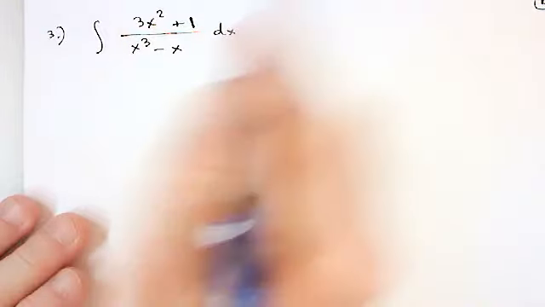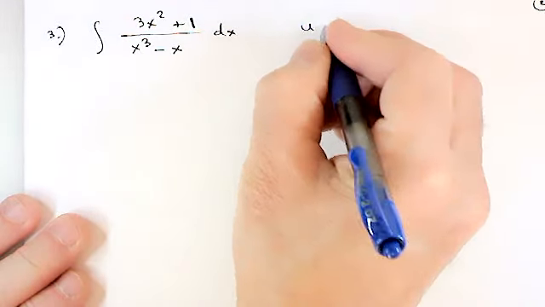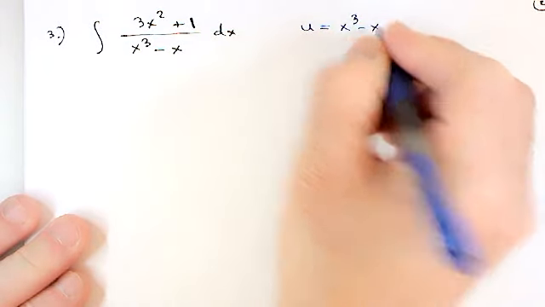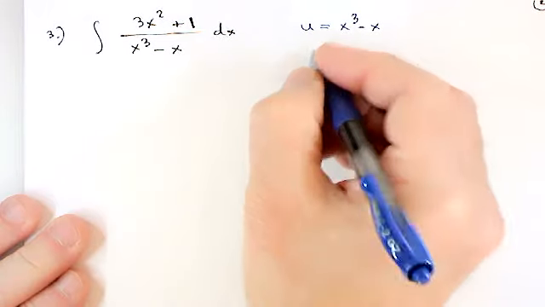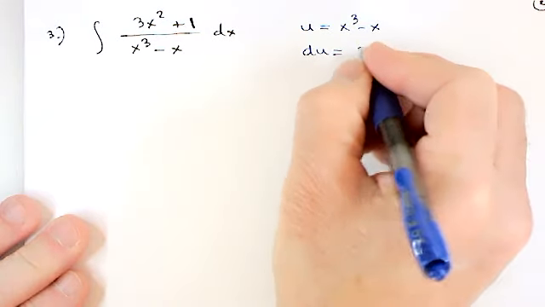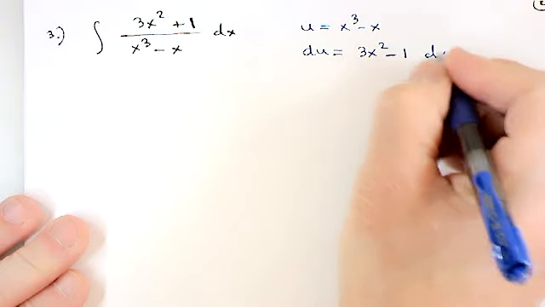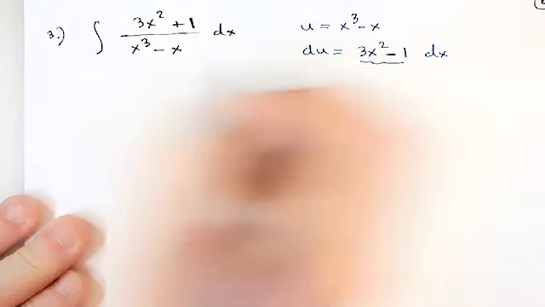Okay, I've got this fraction to integrate. My first attempt should be at least to think about u sub. If I let u equal the bottom, du in this case is 3x squared minus 1 times dx. Oh, so close.